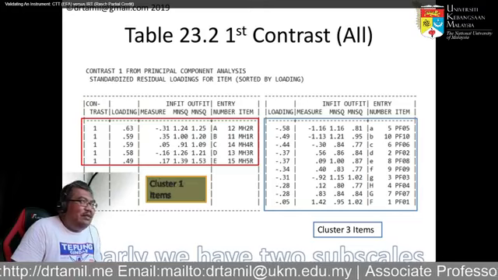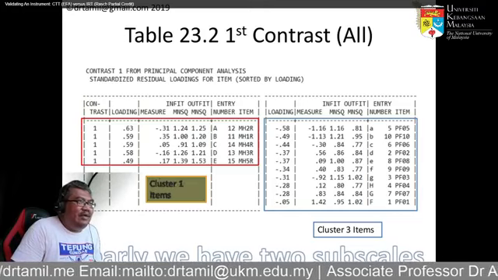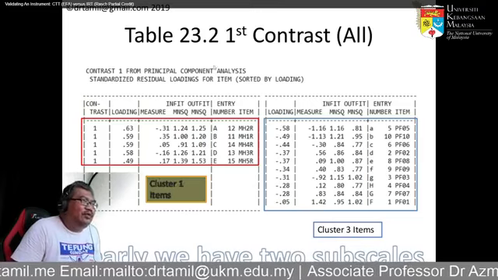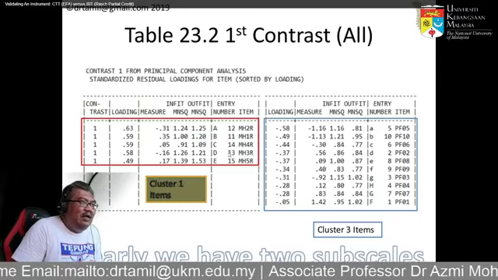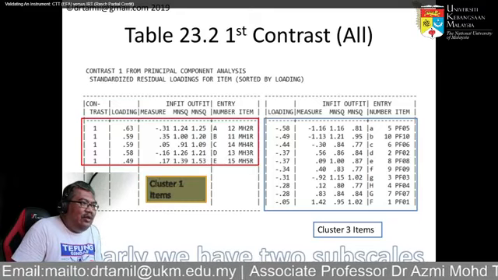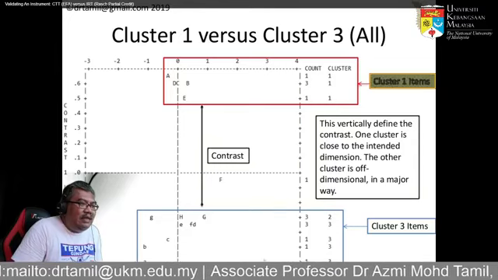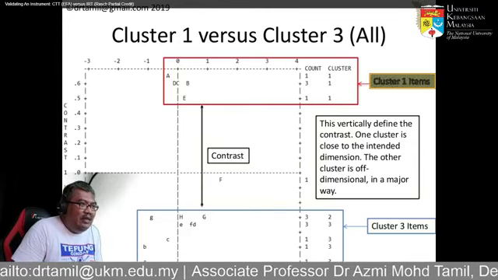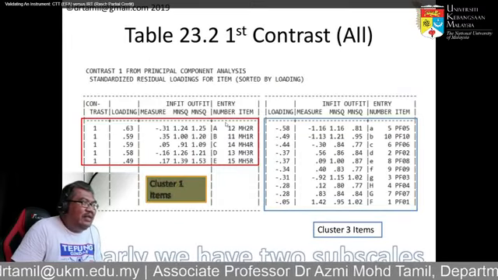The next table, again under table 23, but this is 23.2. You can see automatically they say the problem is your data set has 2 dimensions. And what are the 2 dimensions? We have cluster 1 and cluster 3.